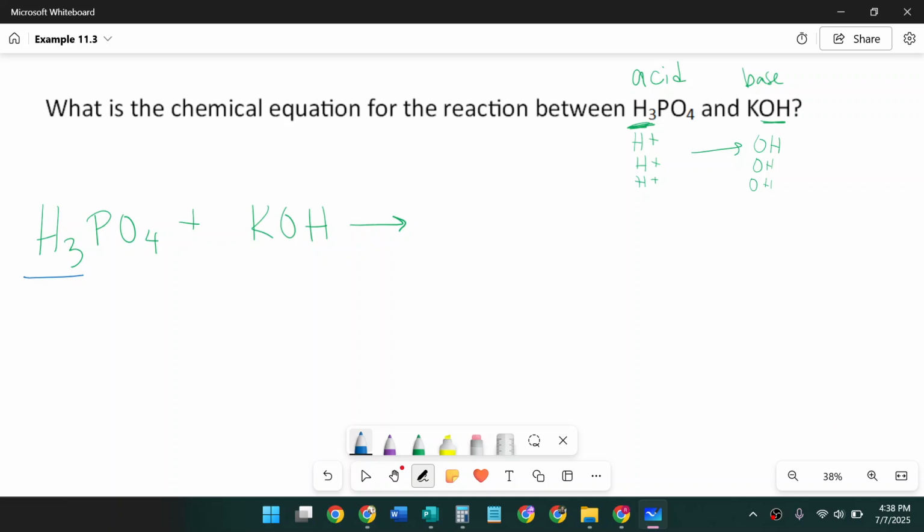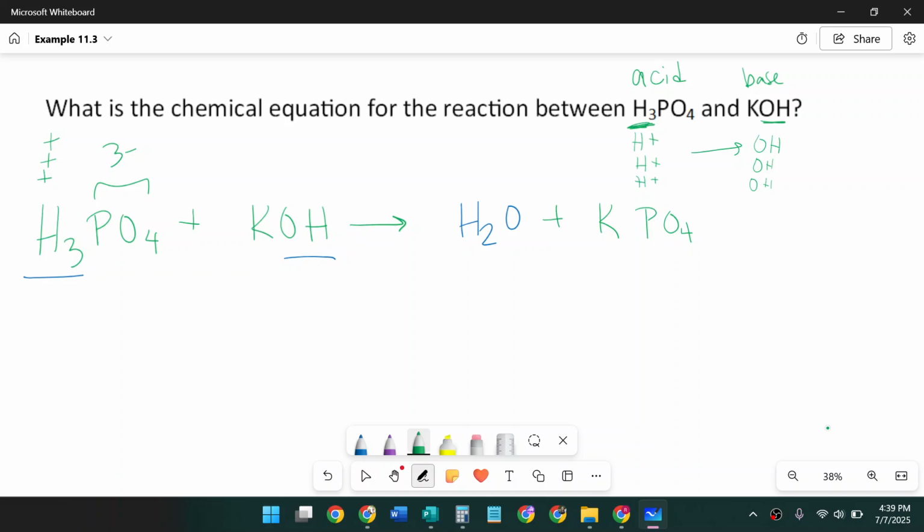We know that these and these are going to connect, and that's going to make our H2O. And then what's left is our potassium and our PO4. The question is, is there a number here and here that we need to worry about? Because this had 3 pluses, this must be a -3.